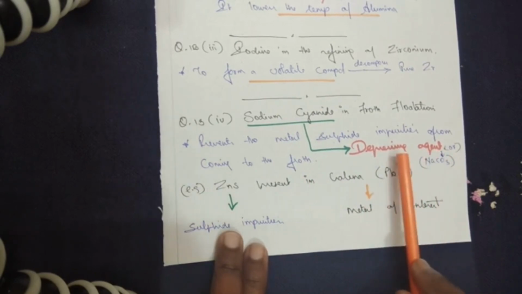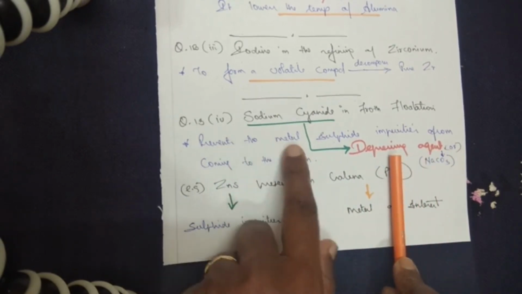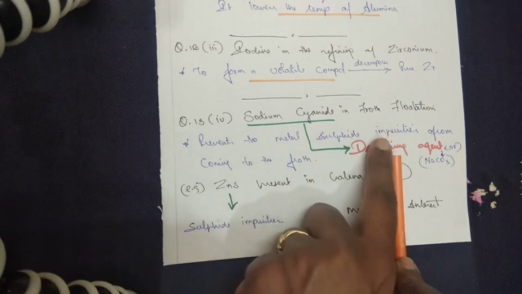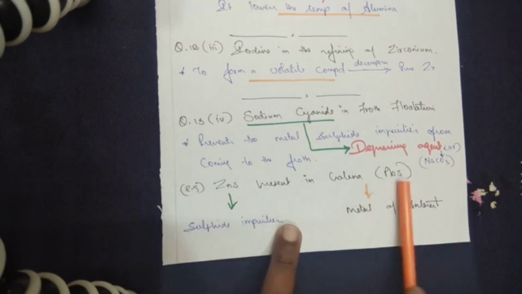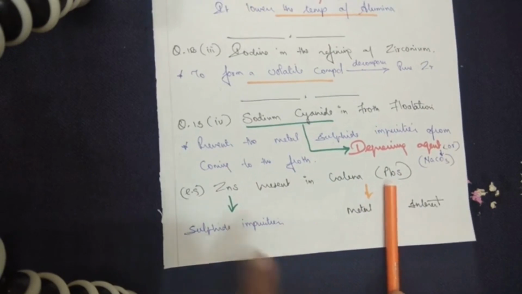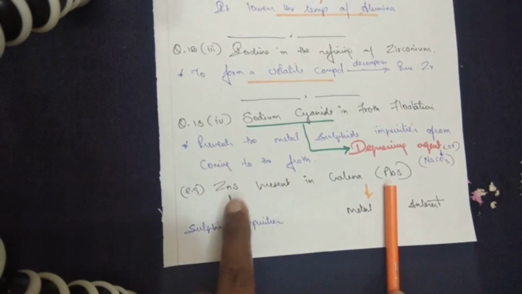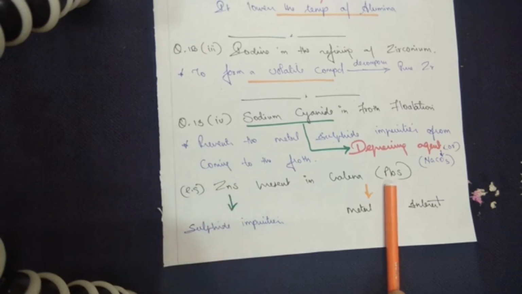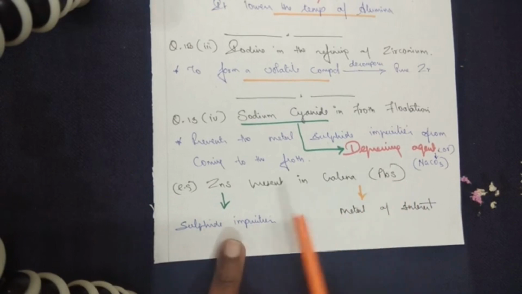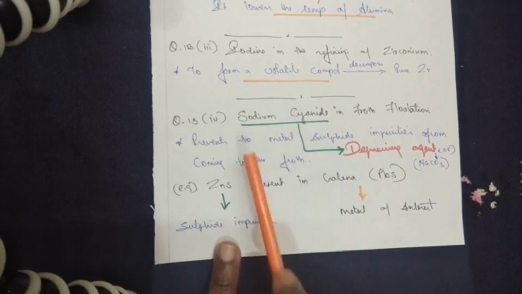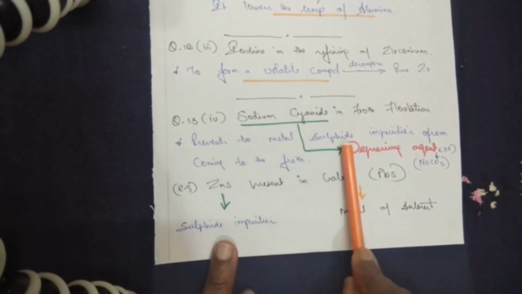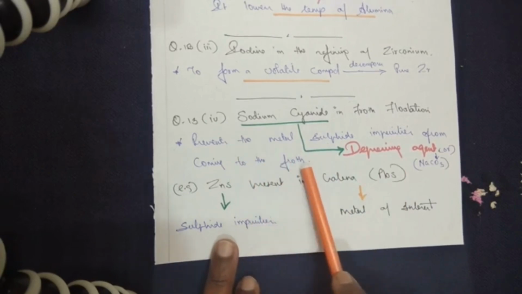What's the meaning of depressing agent? It prevents the metal sulfide impurities. Please understand, suppose my point of interest is galena, the sulfide is called an impurity. Now these impurities shouldn't go to the froth formation, so they should remain with the gangue. So that's the purpose of adding a depressing agent: it prevents the metal sulfide impurities from coming to the froth.